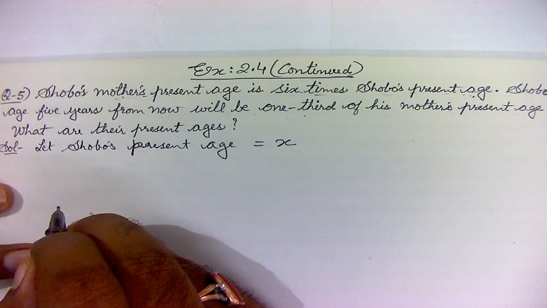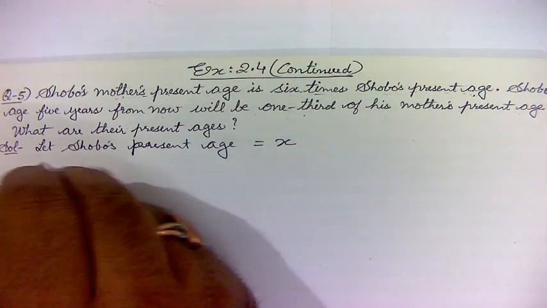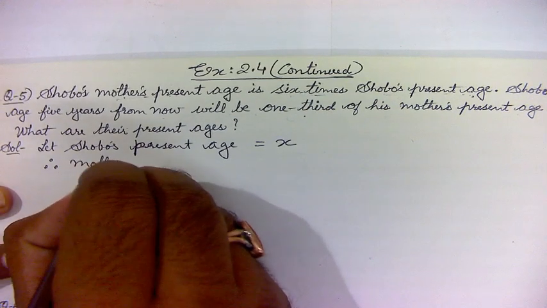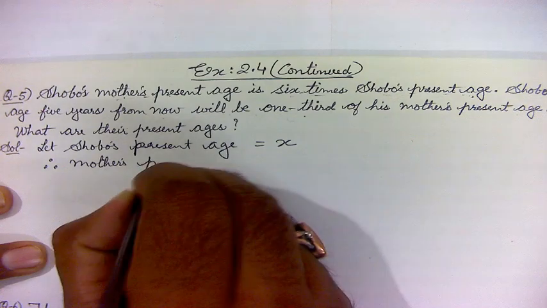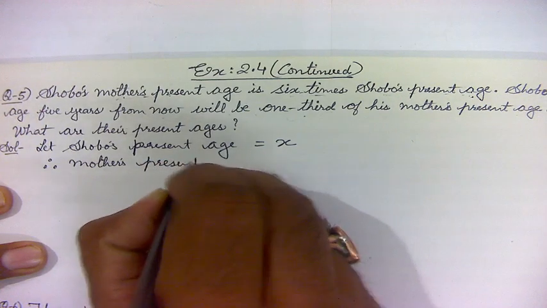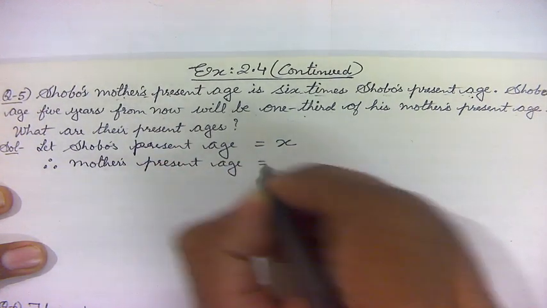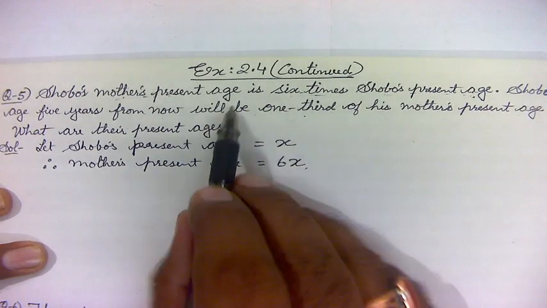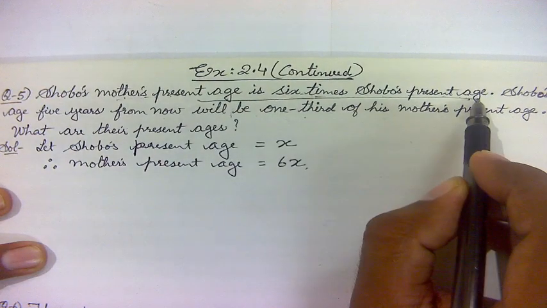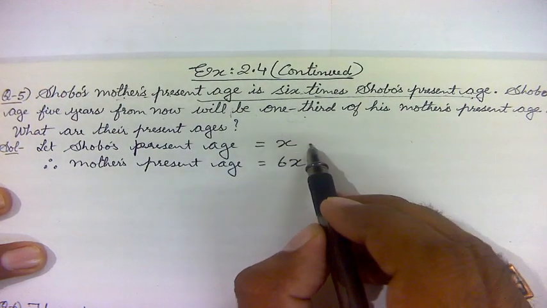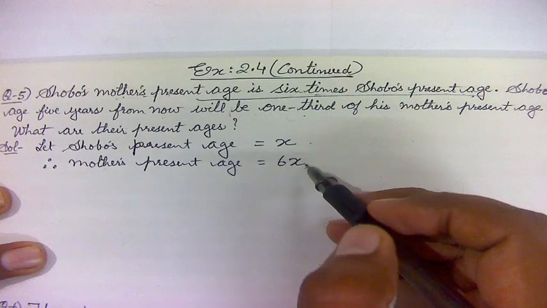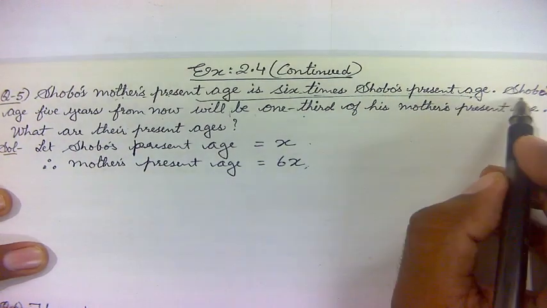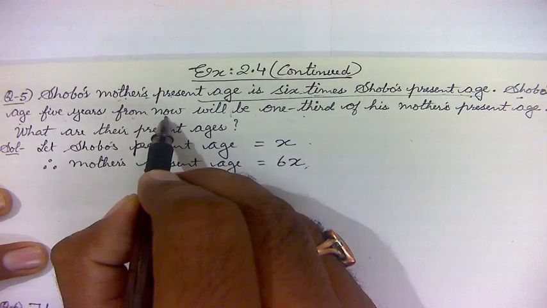If Shobo's present age is x, then mother's present age will become 6x. This is the comparison given in the first statement. So according to that, if you take Shobo's present age as x, then the present age of mother will become 6x.